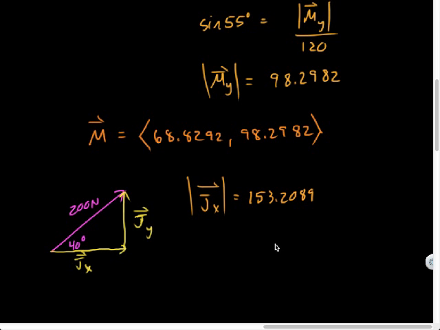And if you set up 200 times the sine of 40 degrees for the magnitude of jy, we end up getting 128.5575. That's an ugly 8. Right, so I find those two things.